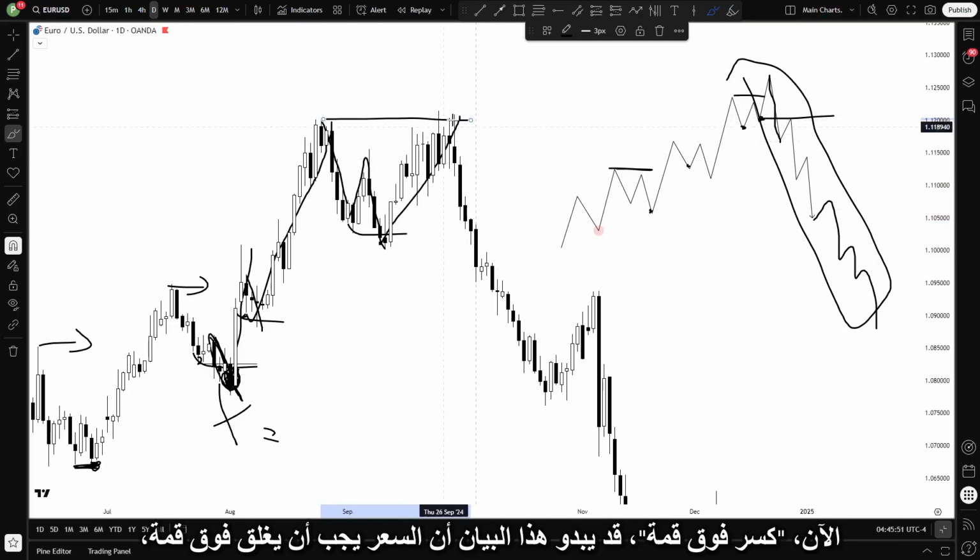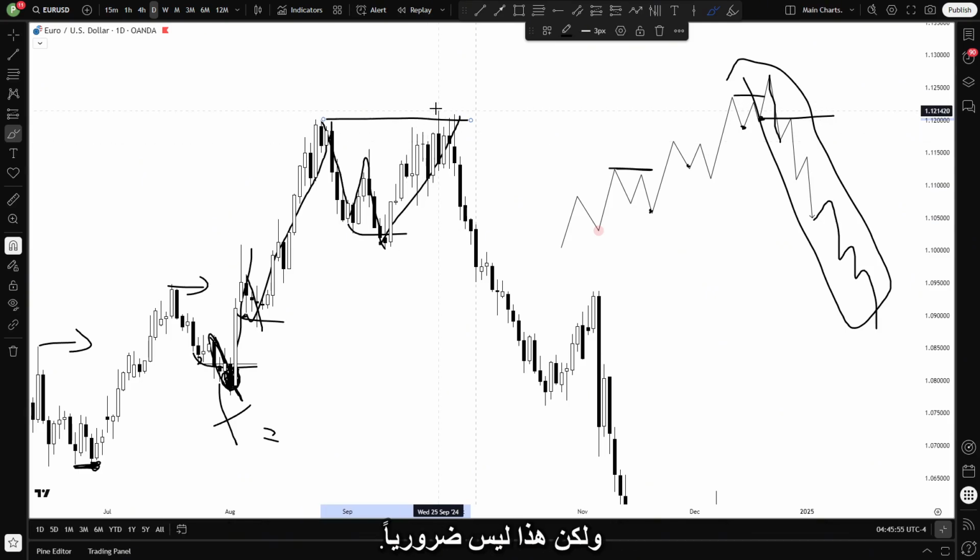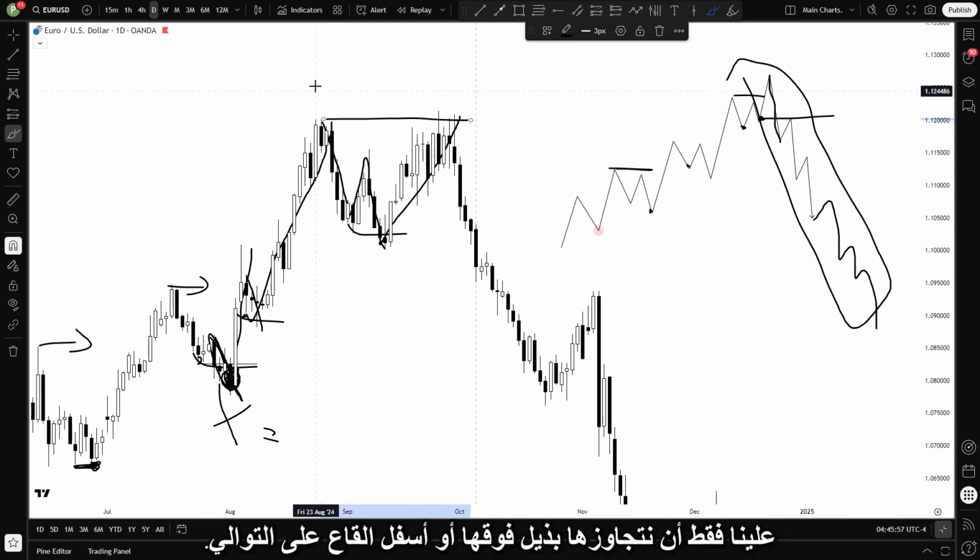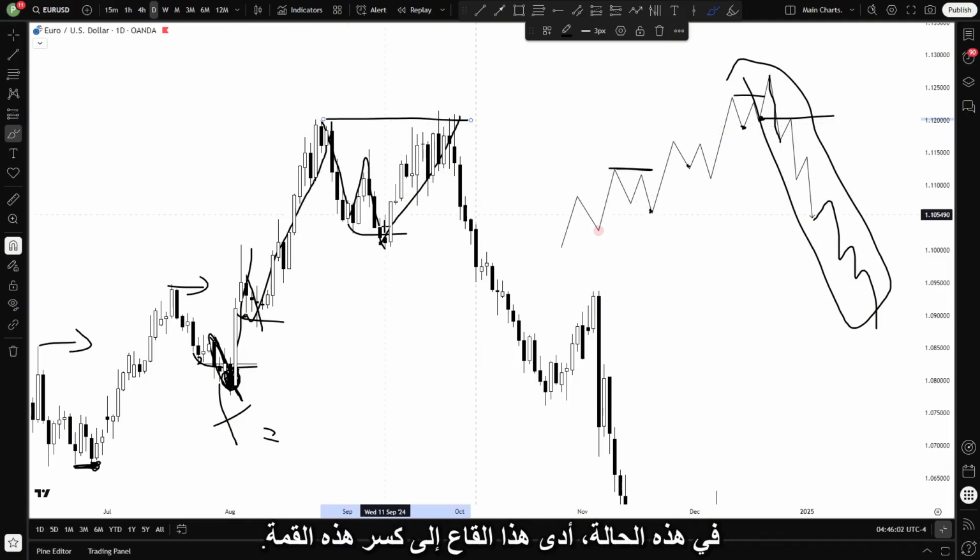Now, "broke above a high" may suggest that price has to close above a high, but that's not necessary. We just have to peak above it, or below the low, respectively. In this case, this low led to this high being broken.